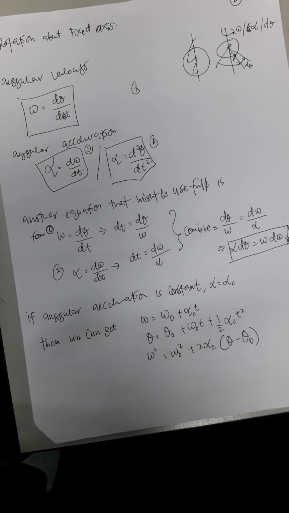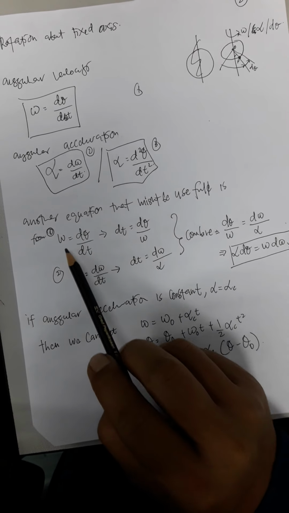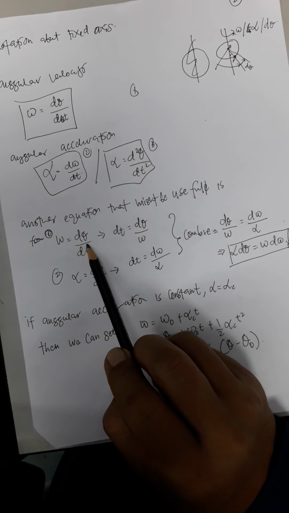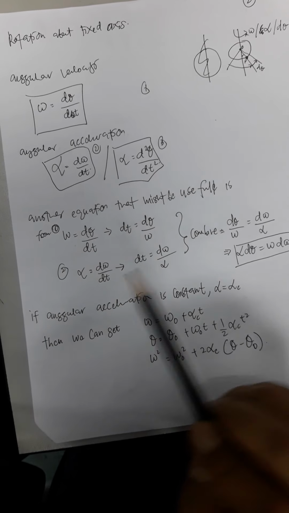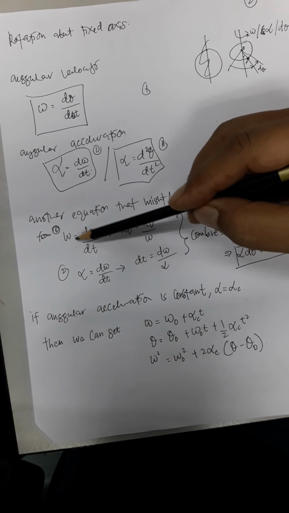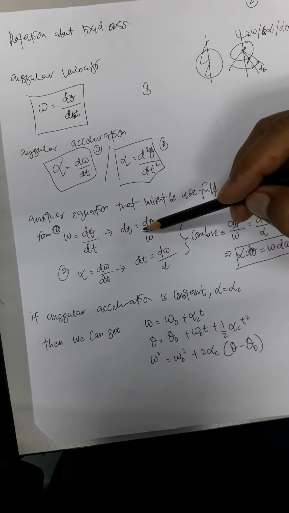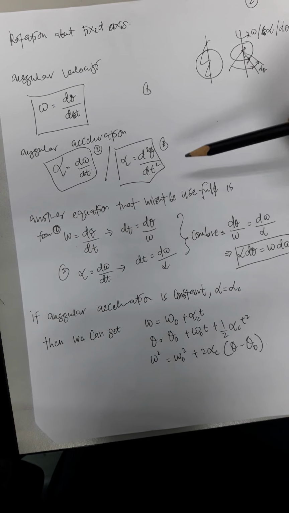Another equation that you have to know and might be useful is omega equals d theta over dt. When I rearrange this equation, dt goes here and omega goes down, and we get dt equal to d theta over omega.